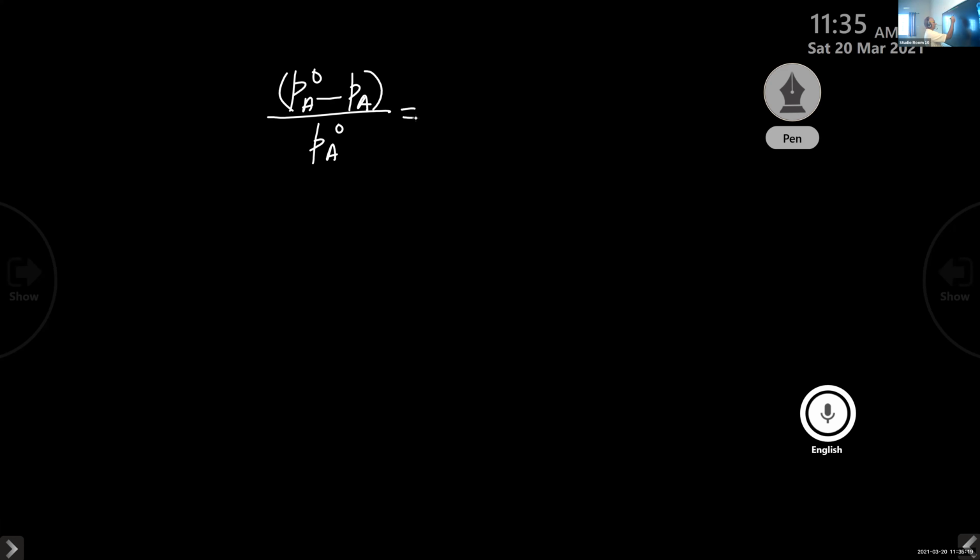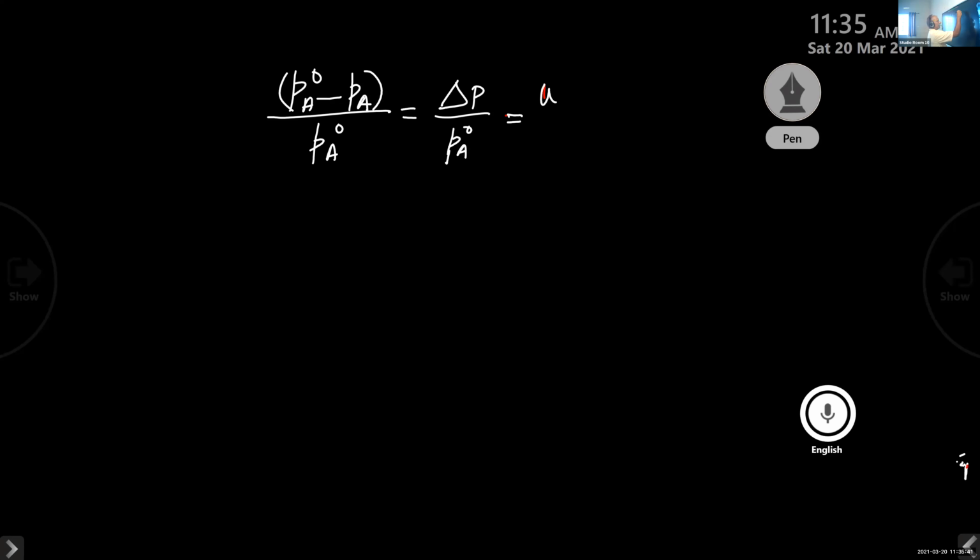That's equal to delta P by PA0. Here, delta P is the lowering of vapor pressure. And that is equal to the mole fraction of the solute, XB. But for XB, we have a relation like this.